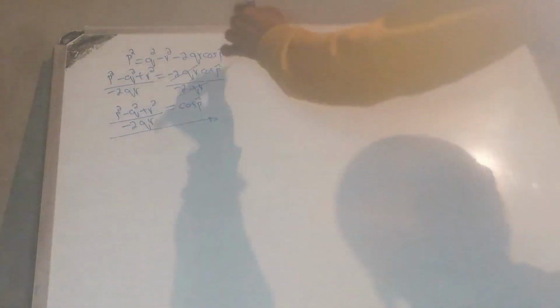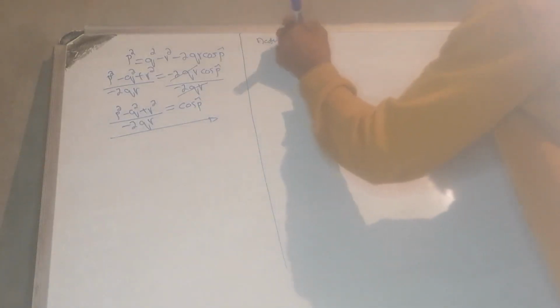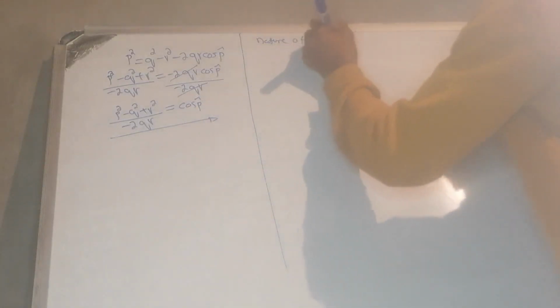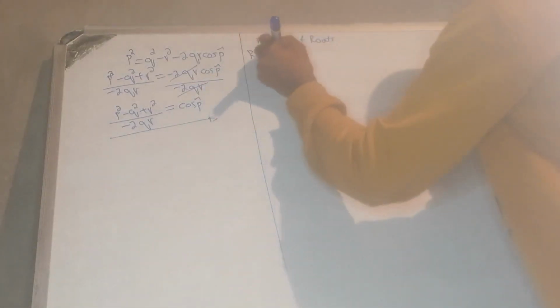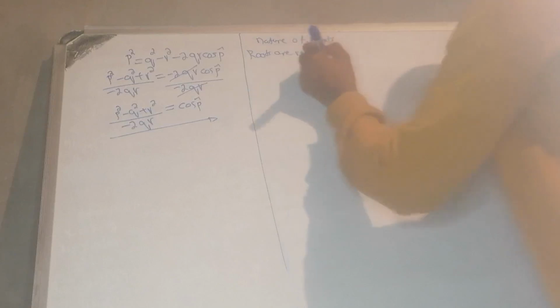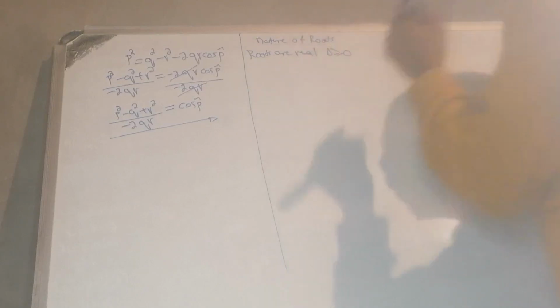Let us just have a quick summary of the nature of the roots. Remember that the roots are real if the discriminant is greater than or equal to 0.